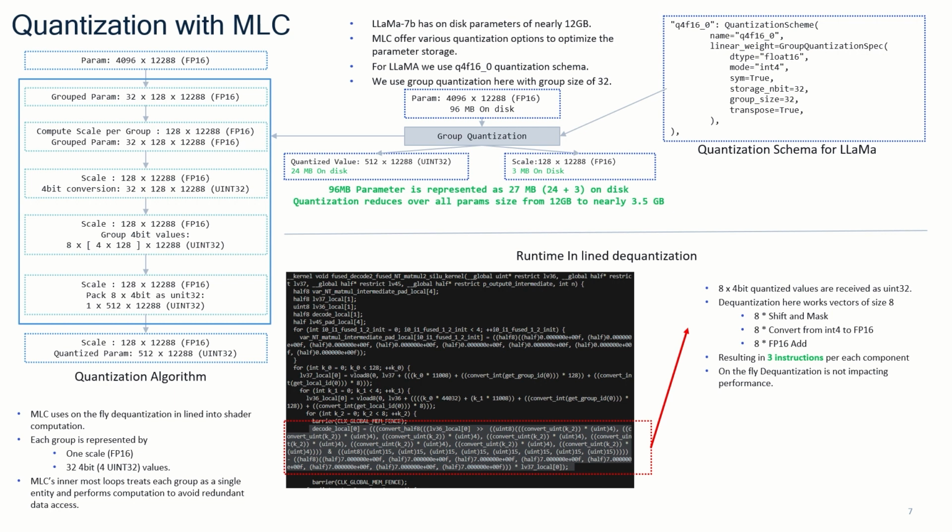So when we look at the amount of effort, the instructions that will go into this dequantization, it's about 8 shift and mask instructions followed by converting from int4 to fe16 and then the fe16 additions on top of it. So it's about one instruction versus three instructions, which doesn't look like a pretty significant pressure on the Adreno GPU for us. And then yeah, we were good on this part.